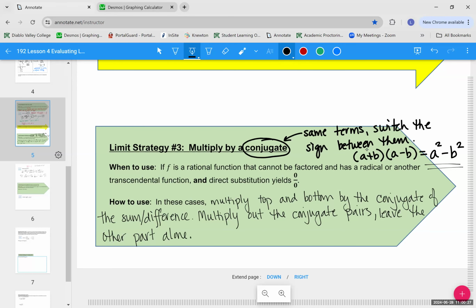You might end up having something that will cancel. So simplify and then try direct sub again. Okay. So sometimes I think it's a little easier if we try an example first, and then kind of go back and try to explain what we did.